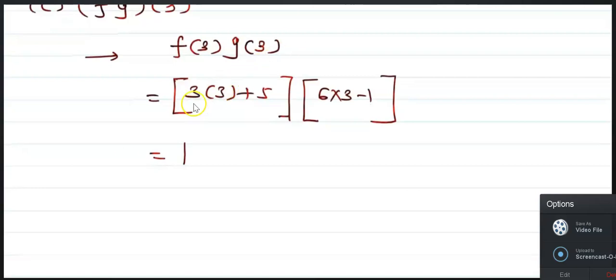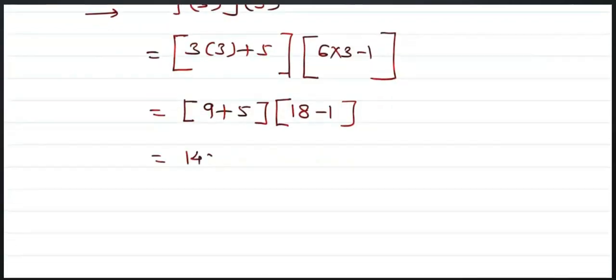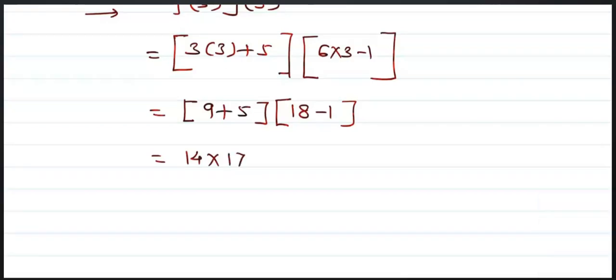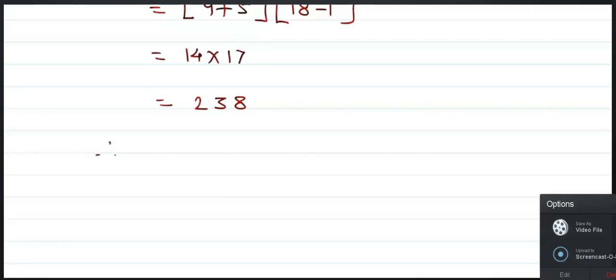Then you will get 3 into 3 plus 5, and 6 into 3 minus 1. Therefore, 9 plus 5 in the first bracket, and 18 minus 1 in the second bracket. 9 plus 5 is 14 and 18 minus 1 is 17. Therefore, their multiplication is 238.